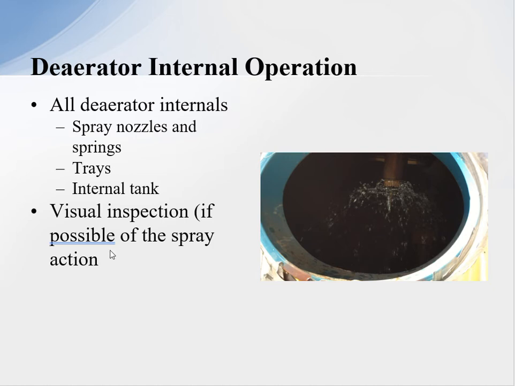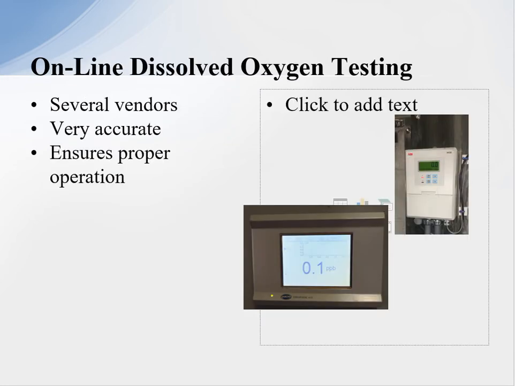If possible, have the spray action occur. This is showing the spray action that we are getting, spray coming out, hitting the diffuser. This deaerator did not meet specification. We just didn't get the water to break down into the smallest molecules possible so we could have proper deaeration.